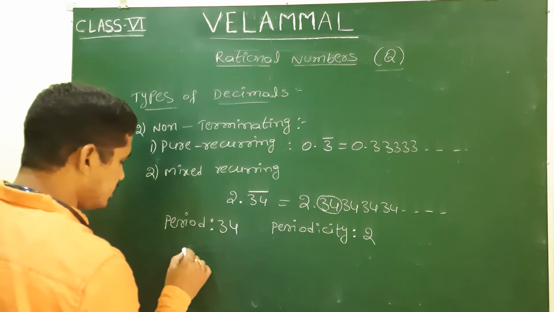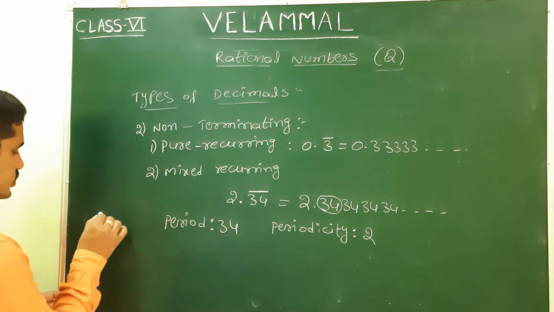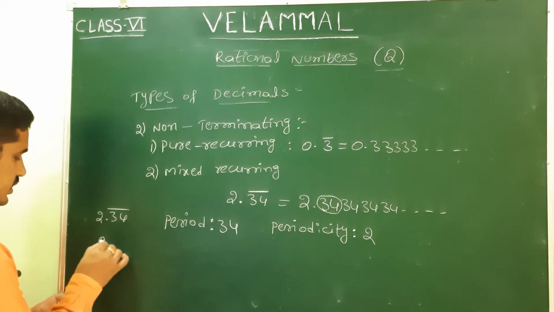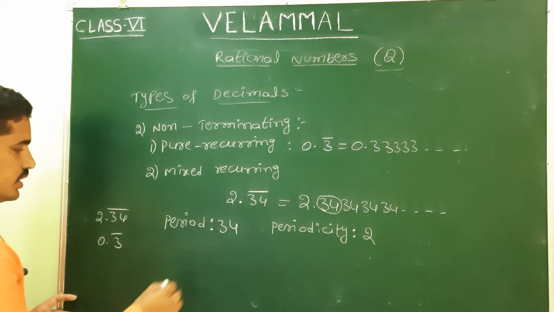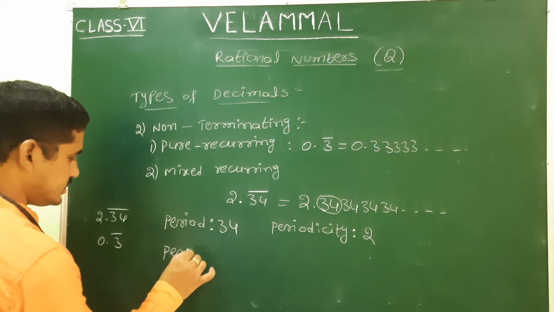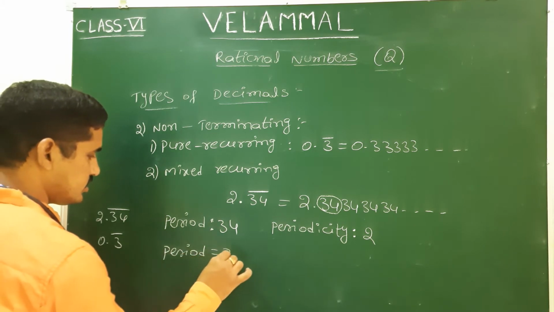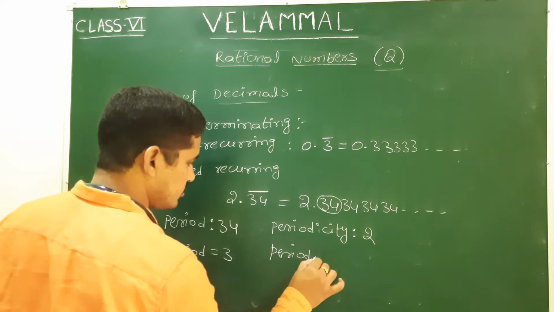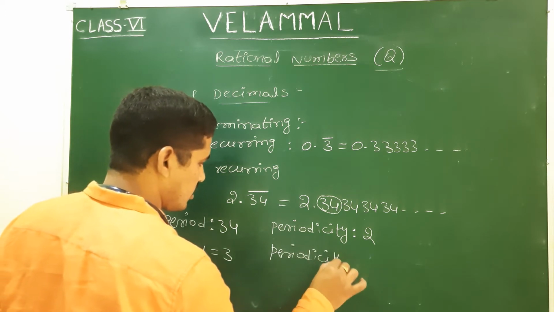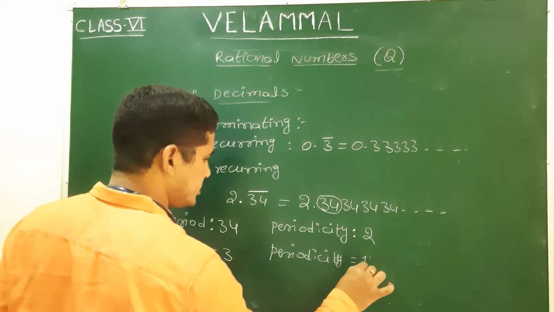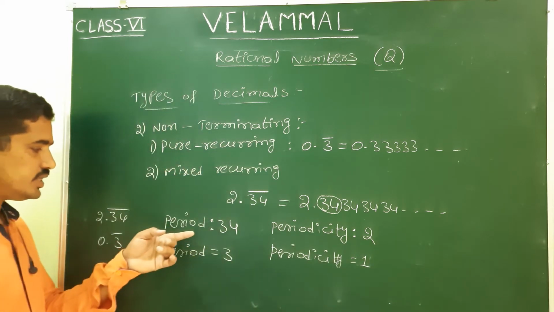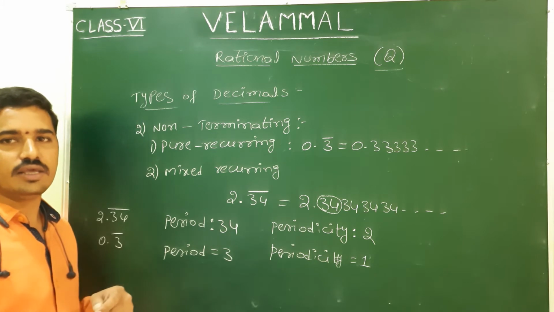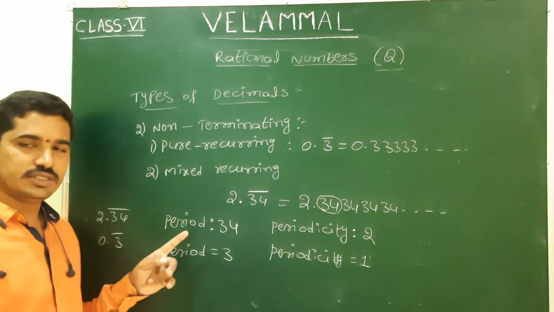This is for 2.34 bar. If we are taking 0.3 bar, then period is 3 and periodicity is 1. Period is nothing but the number which is repeatedly coming in the decimal.